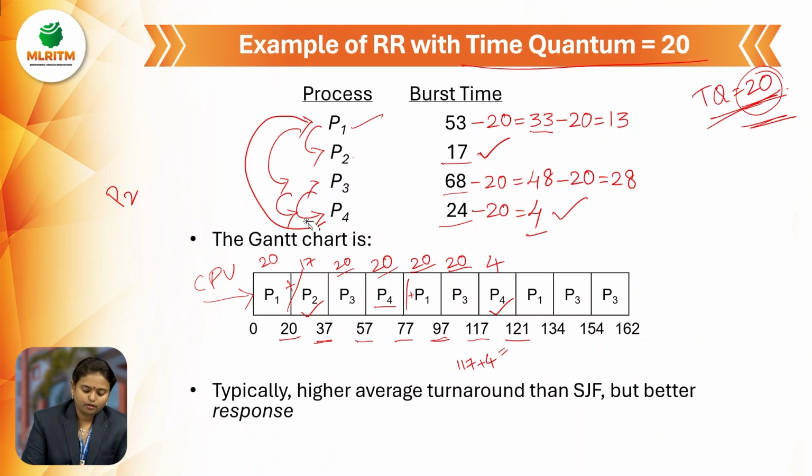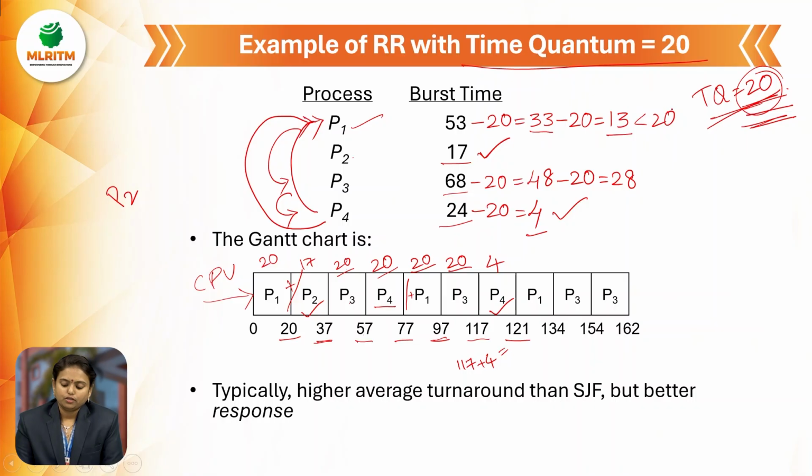Again it needs to go to process P1 again, because P1 is not executed, right? So P1, see here, time quantum is 20, but the burst time is 13. This burst time of P1 is less than 20, right?